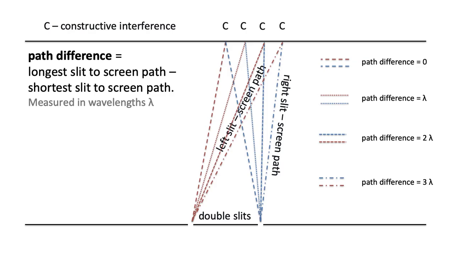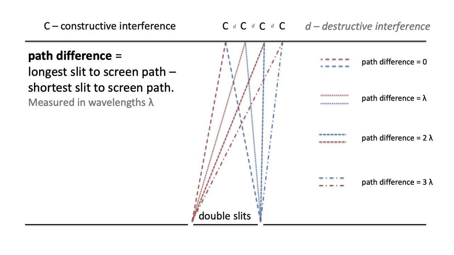So hopefully you can see the pattern here: whenever we have a path difference in a whole or integer number of wavelengths, we will get constructive interference. And in between those points, halfway between them, we'll get destructive interference when the path difference is half a wavelength, or 1.5 wavelengths, or 2.5 wavelengths, or 3.5 wavelengths.